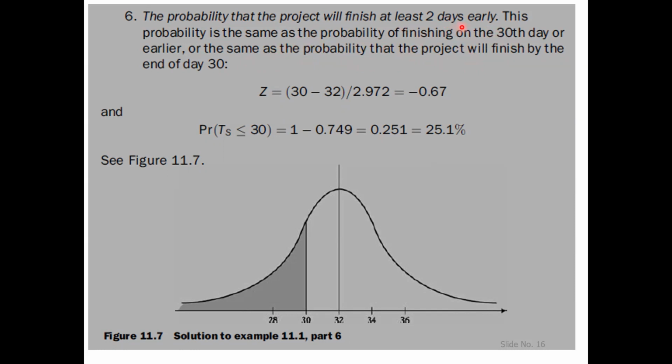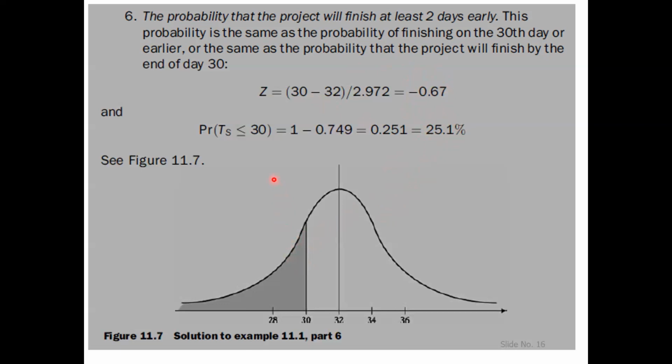Because the expected duration of the project is 32 days at 50% probability, 2 days early means the 30th day. So for the 30th day, you can now very easily calculate this probability, because the calculations are repeating. So this probability will be 25.1%.